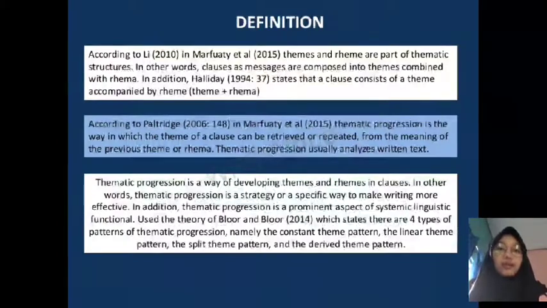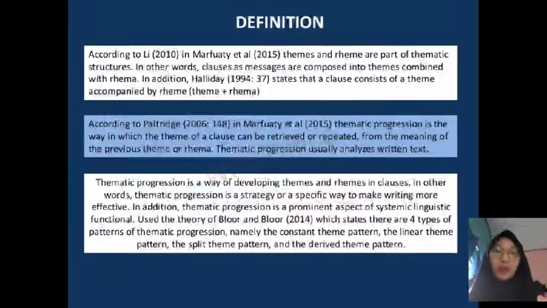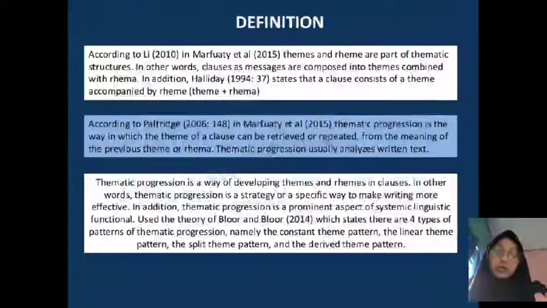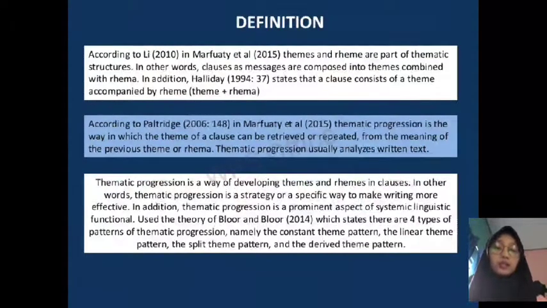So here the definition of thematic progress. According to Putri 2006, in Marvedi et al. 2015, thematic progression is the way in which the theme of a clause can be retrieved or repeated from the meaning of the previous theme and rhyme. Thematic progression usually analyzes written text.